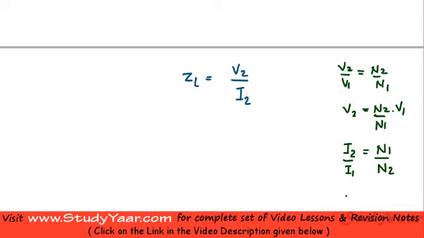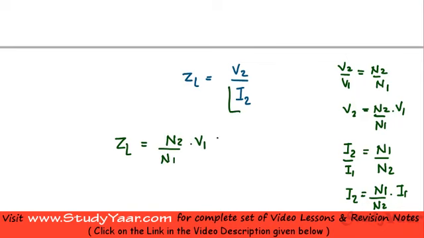So your I2 can be given by N1 upon N2 into I1. We are going to use these two values. So your ZL is equal to V2, which is N2 upon N1 into V1, upon I2.